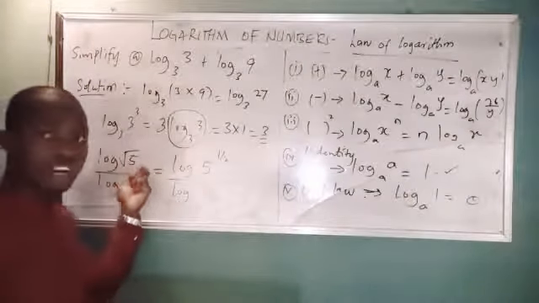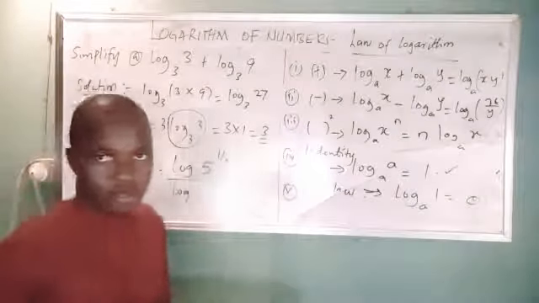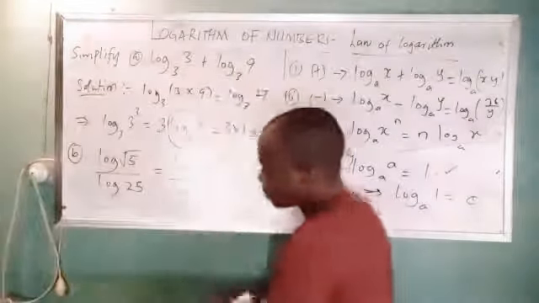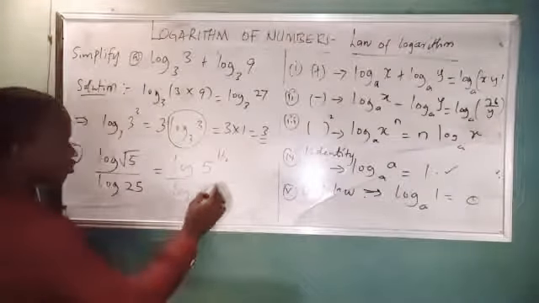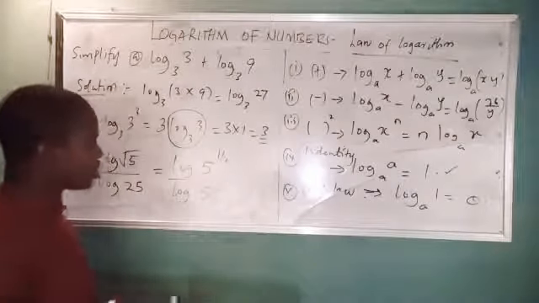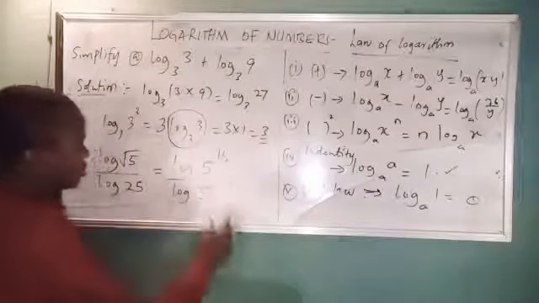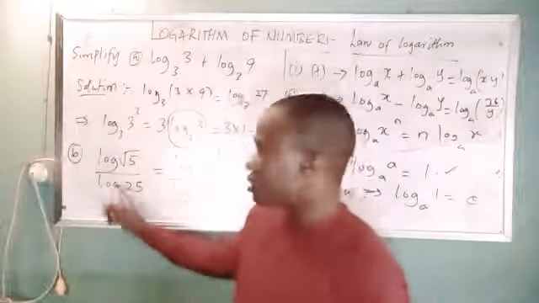That is, root 5 will be written as 5 to power 1 over 2. So we come down, and we write 25 also as 5 to power 2. Are you getting it? So 5 to power 2. So now from here, don't be surprised that we don't have our base there.